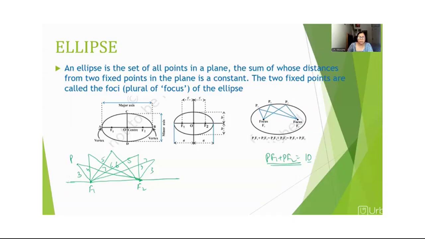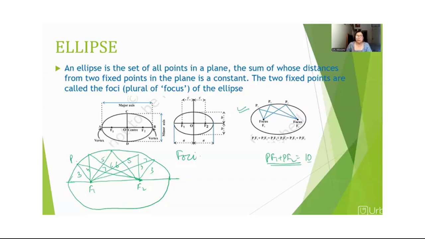If I join all such points, I will get a figure like this. Right? This is an ellipse. I'm sorry for not drawing it properly, but this is the kind of figure that you will get. The concept is to take two fixed points. These are called foci, right?